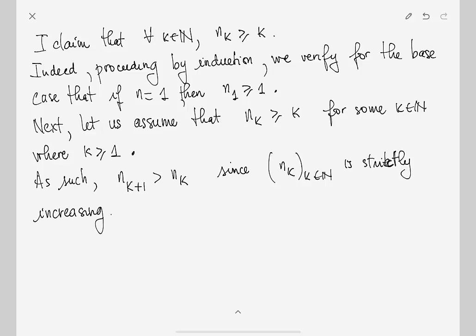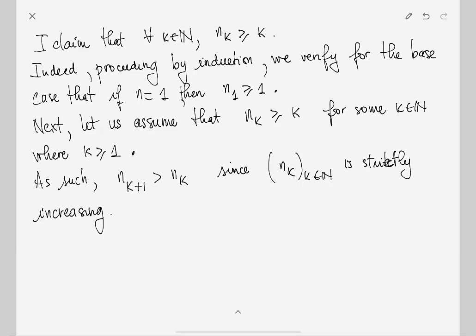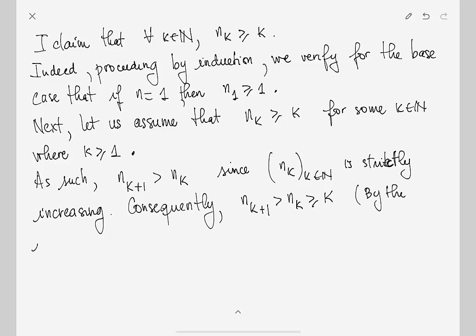So the fact that nk is strictly increasing allows us to say right away that n sub k plus 1 is strictly bigger than nk. But then, consequently, n sub k plus 1 is going to be greater than nk, which is greater or equal to k, and this is true by the inductive hypothesis.